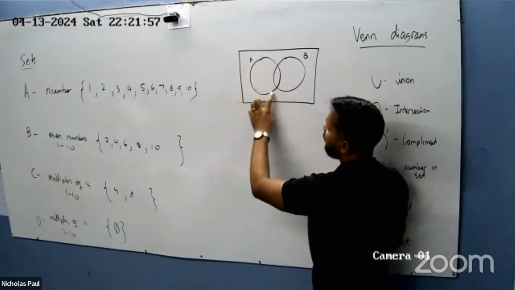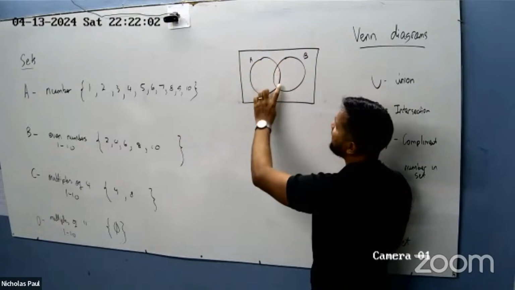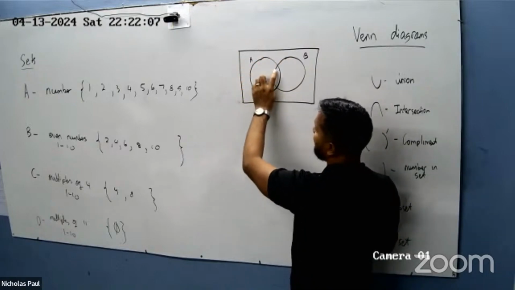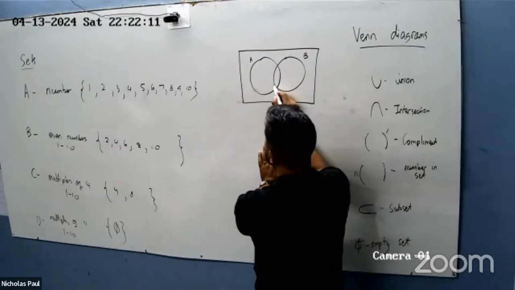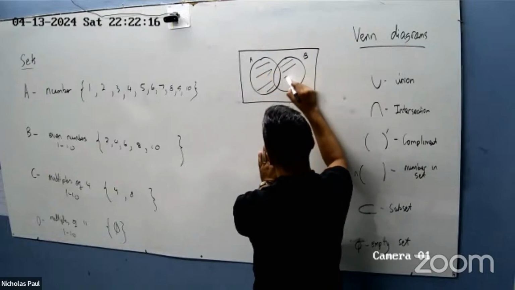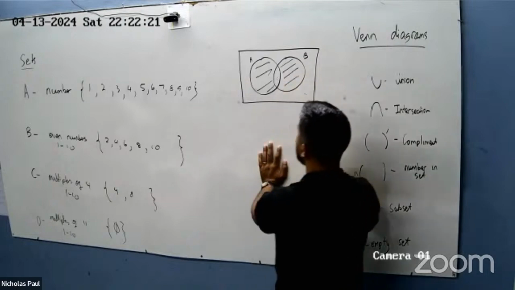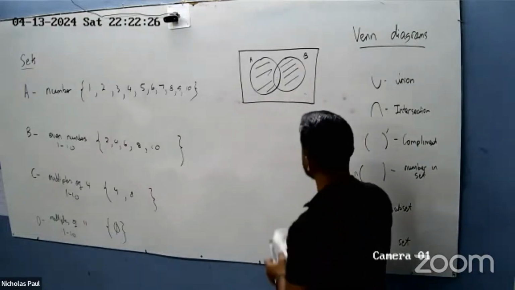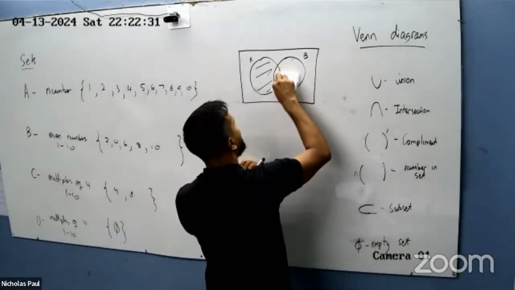This part here represents what we call A only. This part here, B only. Inside here, A and B. Outside here, not A and not B. I want to make sure we understand all those positions in the sets diagram.